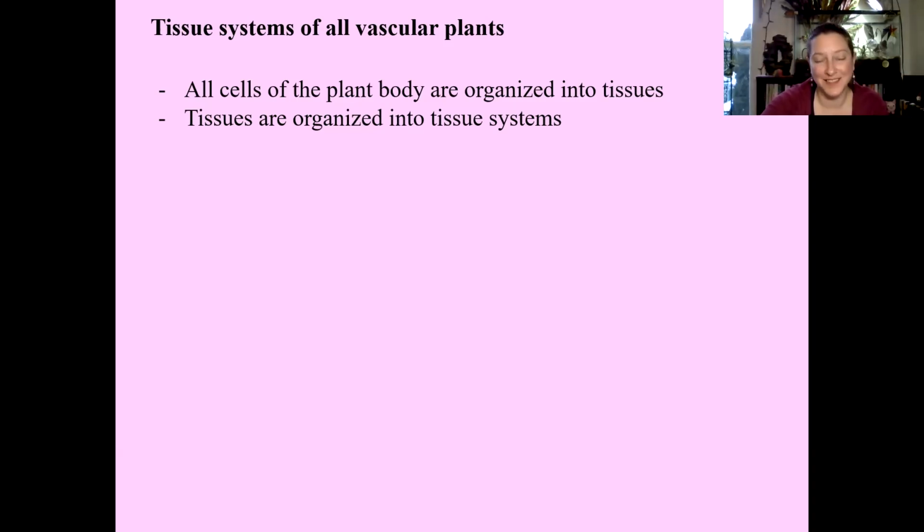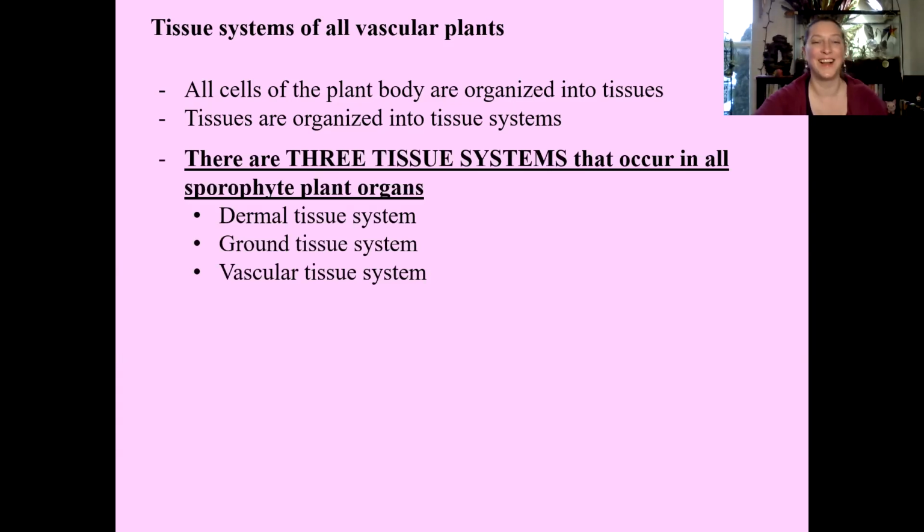The plant has cells in it, the cells are organized into tissues, and the tissues are organized into tissue systems. This slide should not be this hard for me to get through. And importantly, there are 3 tissue systems that occur in all sporophyte plant organs of the vascular plants: dermal tissue system, ground tissue system, and vascular tissue system.